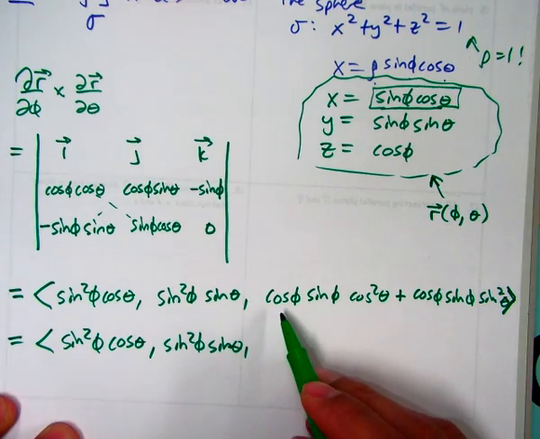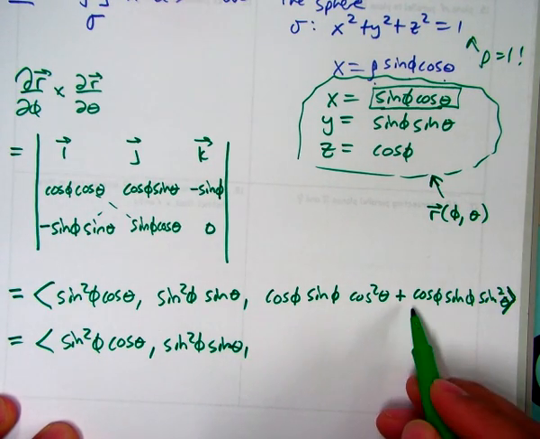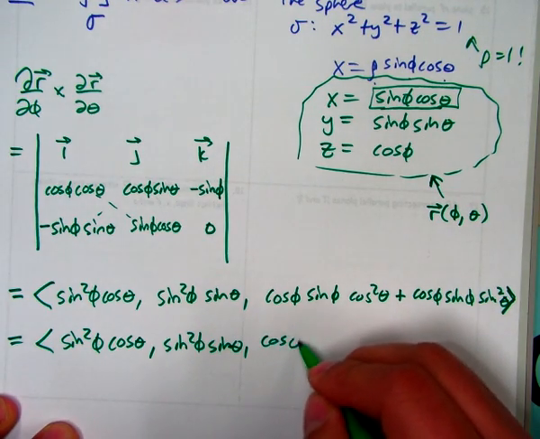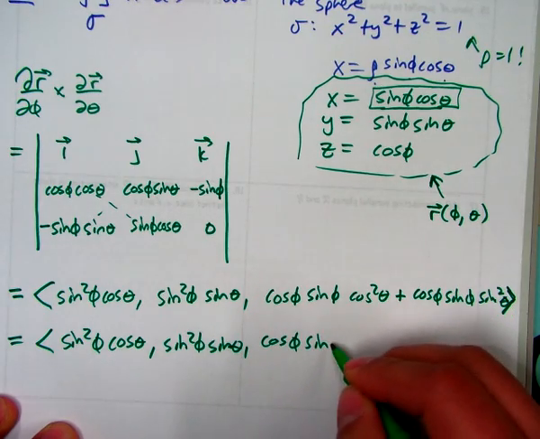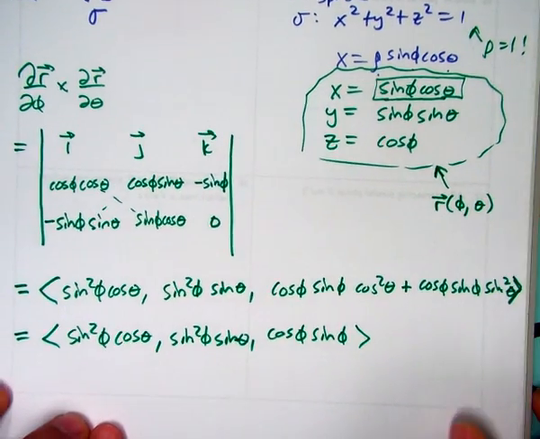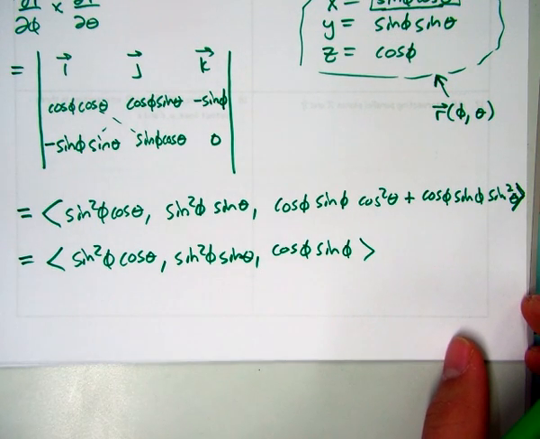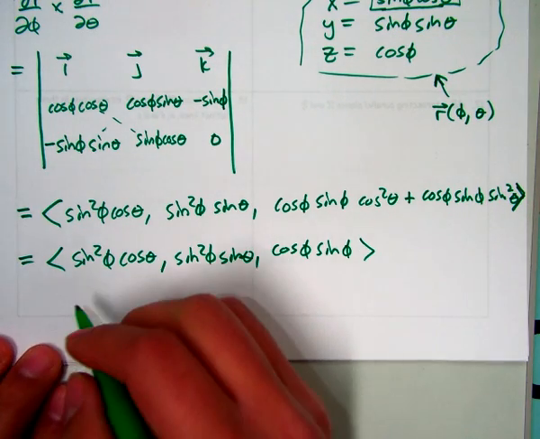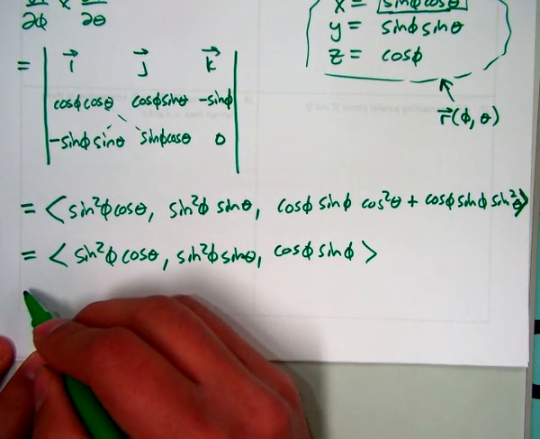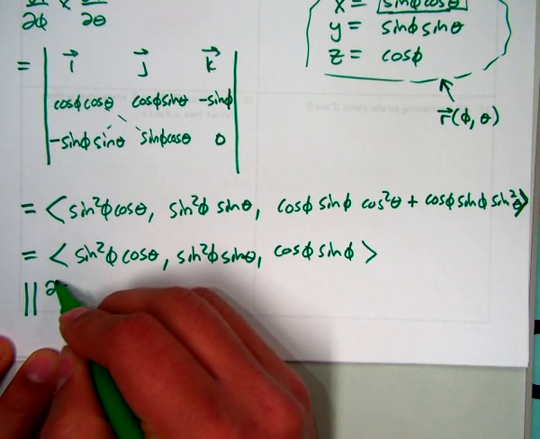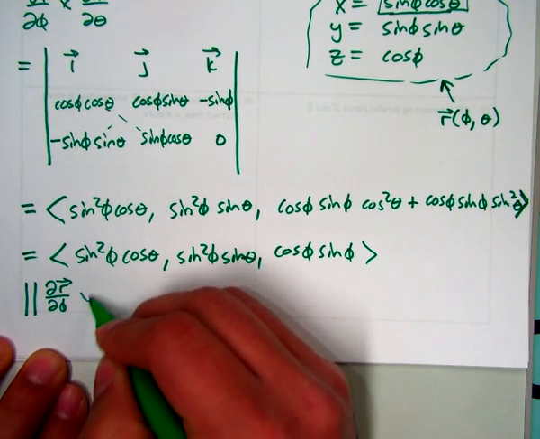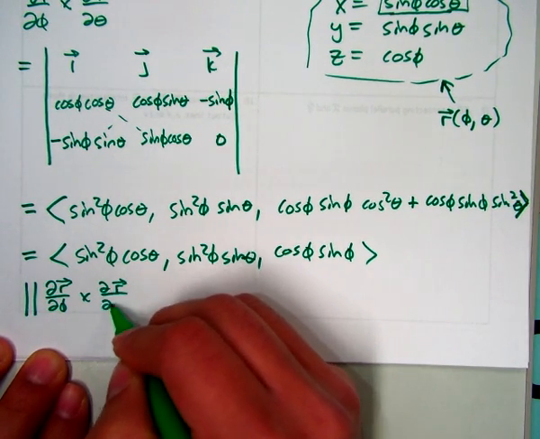And yeah, if you factor out the common factor, you get cosine squared plus sine squared. So this will just become cosine phi sine phi. Okay, so that's the cross product. It does take a little bit of work, but hopefully doing all this will make the integral not horrible. So now we want to find the magnitude of that, because that's what we're going to stick in the integral.